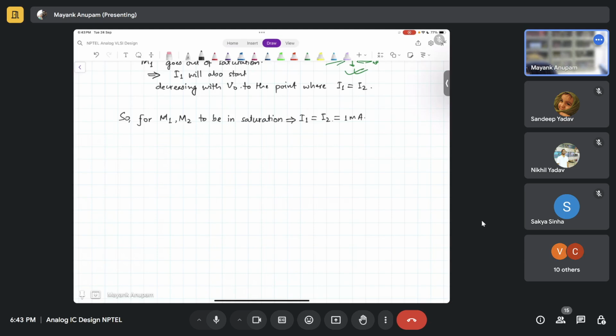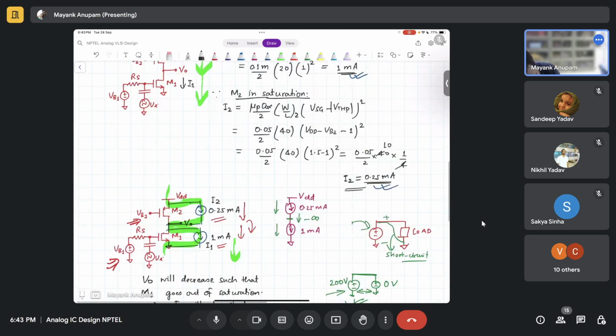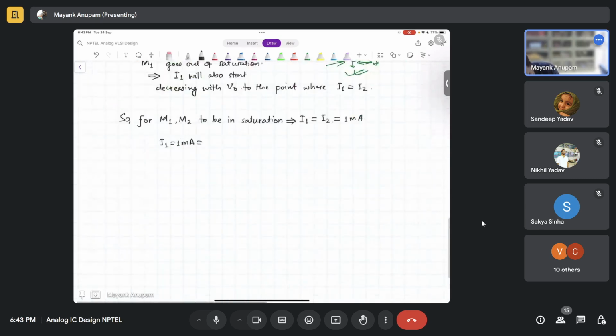So I1 is known, equal to 1 milliampere. So I2 is how much? This equation, right? So mu p times C ox by 2 W over L into VDD minus VB2 minus mod of VTHP, the whole square, correct?